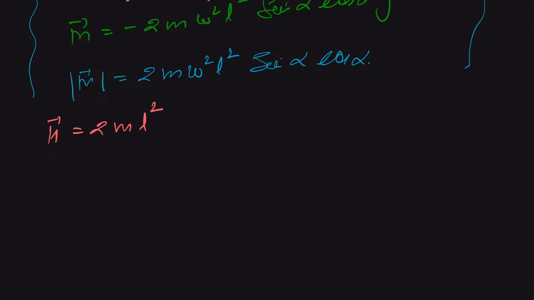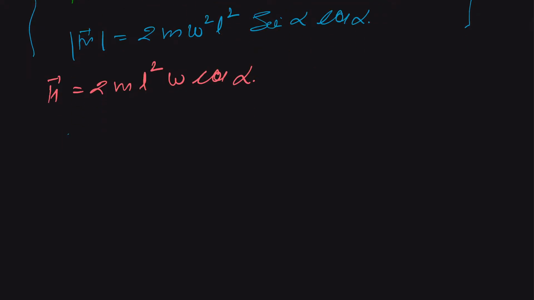2m L square and omega cos of alpha, and the formula for our torque that we denoted as m is our cross product of omega with respect to our h, and this can be written as our omega h sine of theta, where the theta is the angle between omega as well as our h.